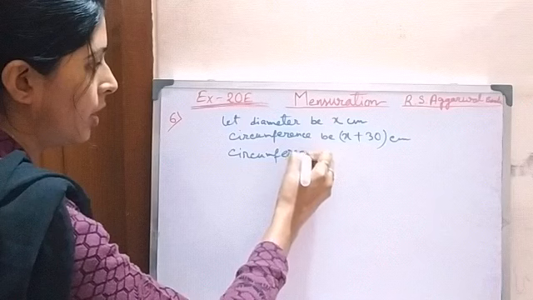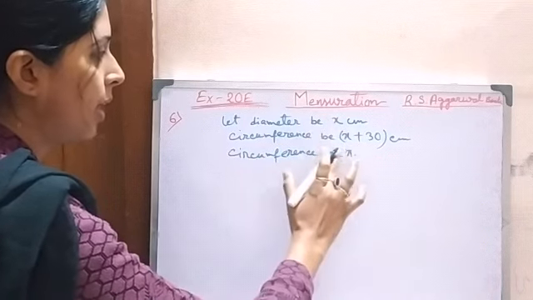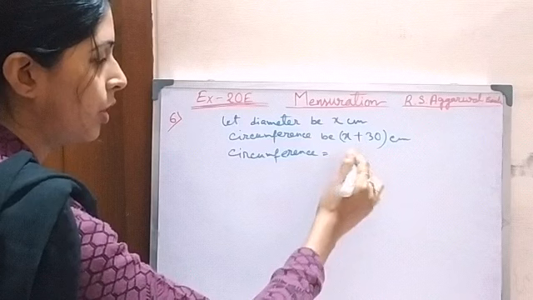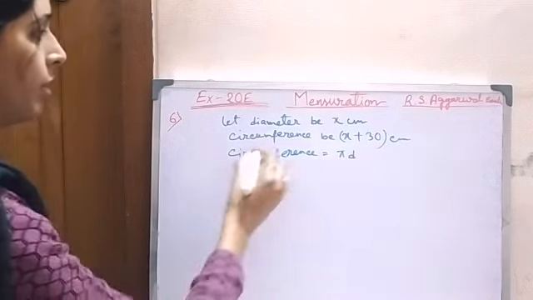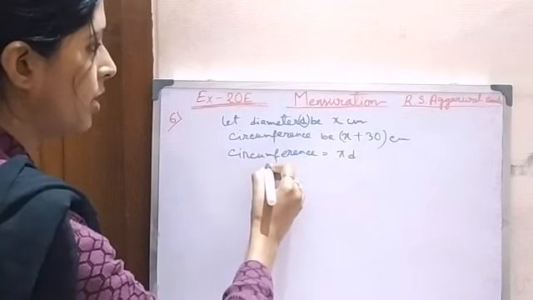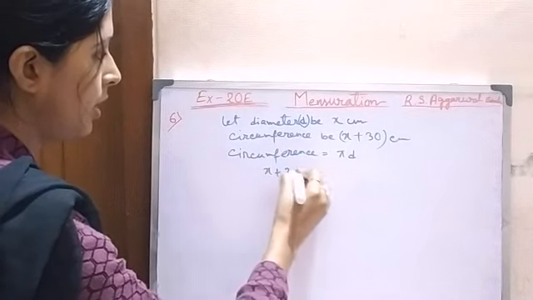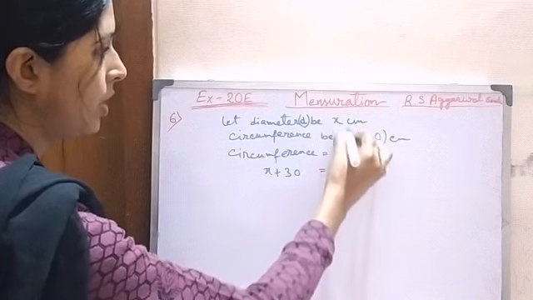Circumference is 2 pi r or pi d. Pi d we can put, we will not use 2 pi r here. Pi d, diameter means d. So here circumference is x plus 30 and pi is 22/7 into d, which is x.